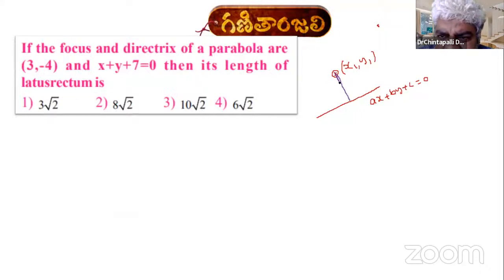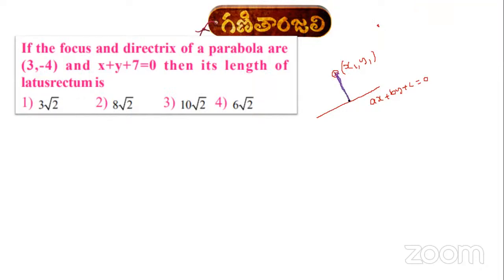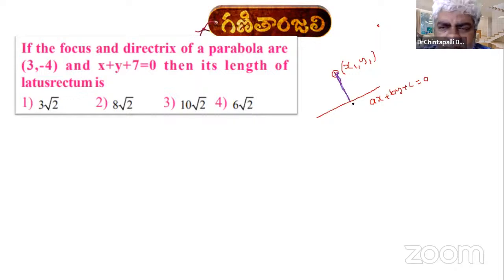Purple. Students, can you see the purple line? That means a line segment. There is a formula to find the length of the purple line, that means the perpendicular distance from x1, y1 to ax plus by plus c is equal to 0.